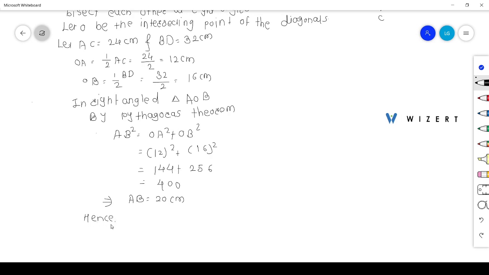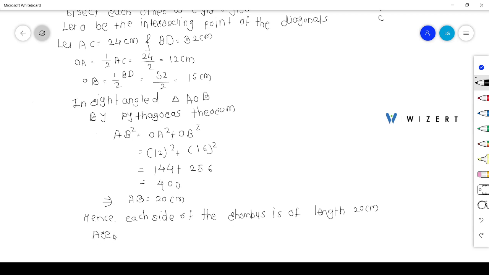Hence, each side of the rhombus is of length 20 centimeters.